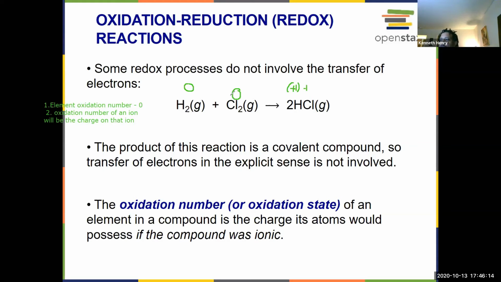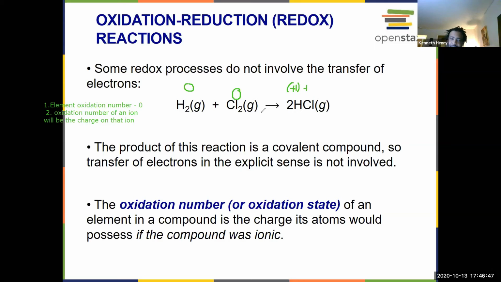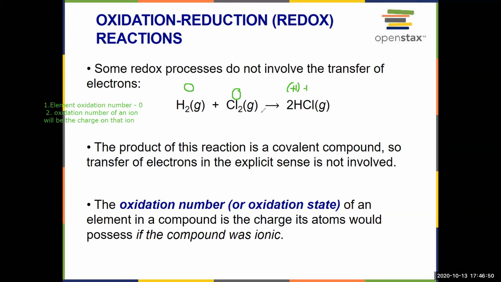So who's being oxidized? If I'm going from 0 to -1, that means it's gaining an electron. And if this guy is going from 0 to +1, who's being oxidized? Hydrogen.